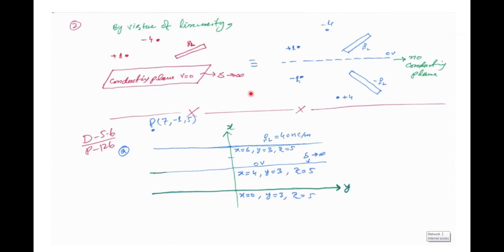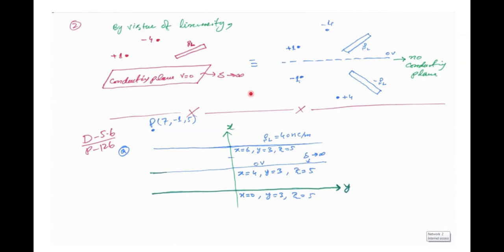You can apply the image theory to replace any conducting sheet by locating the image of a charge. For example, if a positive charge is located above the conducting sheet, then you can replace the conducting sheet of negligible thickness by locating the negative charge below it at a symmetrical position.